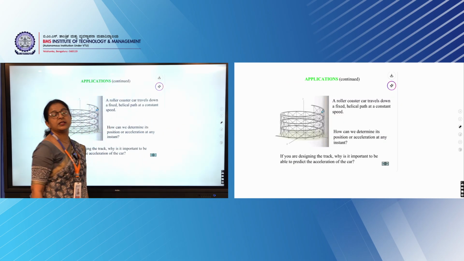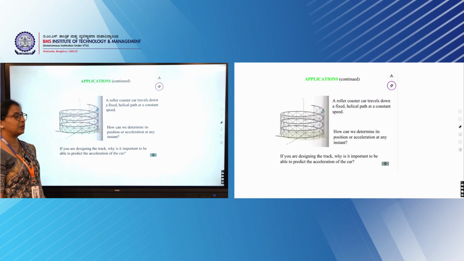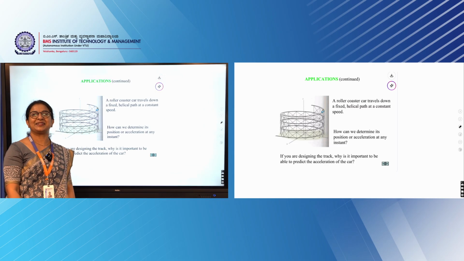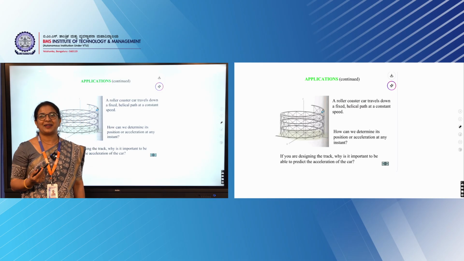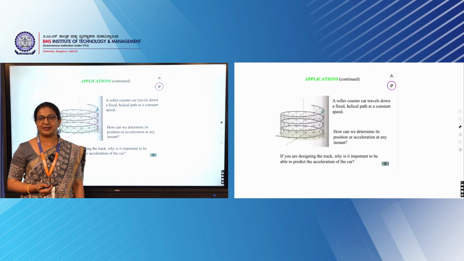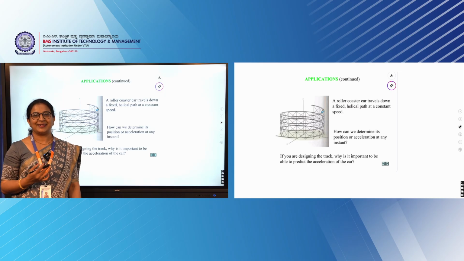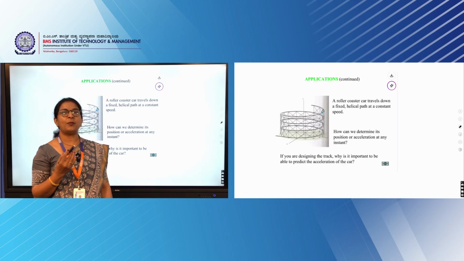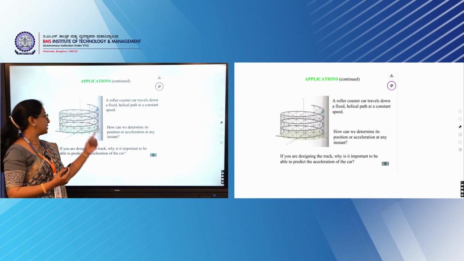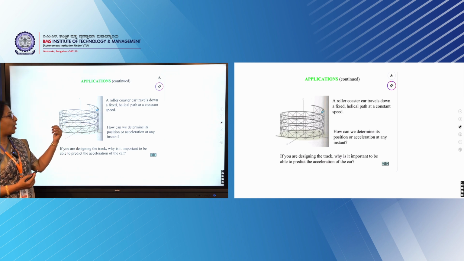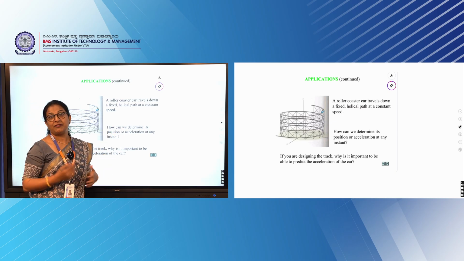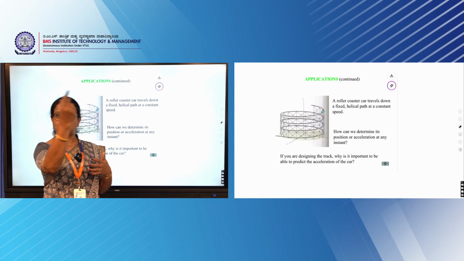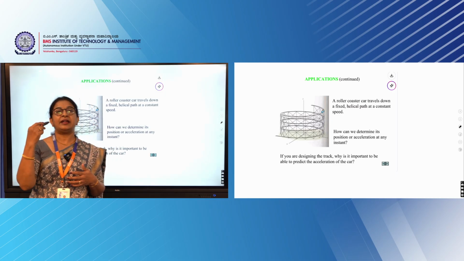the polar coordinate system. It's not only a plane, even a roller coaster is very interesting, right? When you sit in a roller coaster, it rotates. How is the experience if you have tried it? It is breathtaking, isn't it? So how perfect it should be when they are constructing such a roller coaster, or how can we determine its position or acceleration? We need to know with what velocity it is going up, its acceleration, everything.